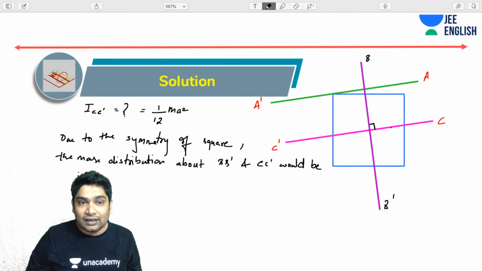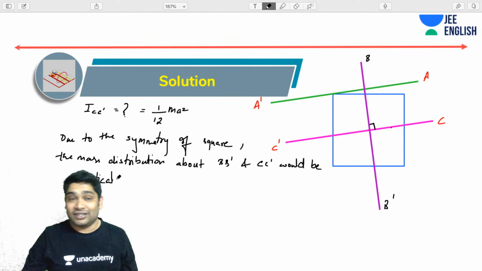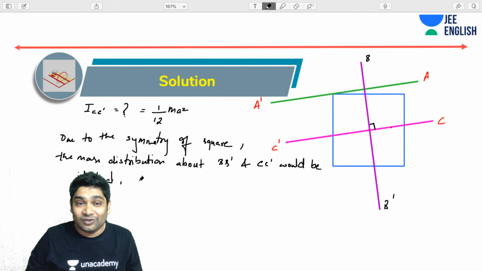Now, as I had told you in the last class, if the mass distribution about an axis doesn't change, the moment of inertia will also not change. Therefore, from this I can say that ICC dash equals IBB dash.